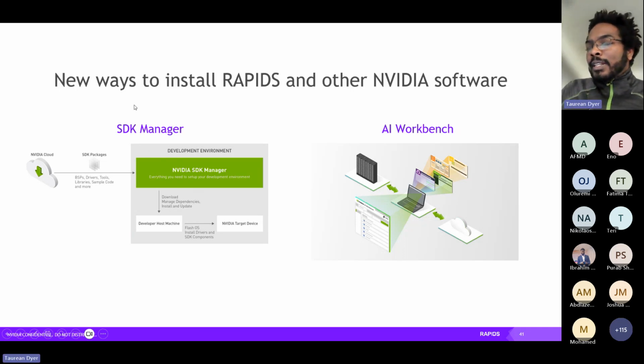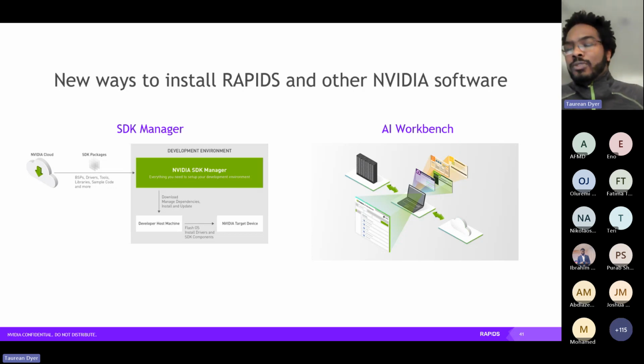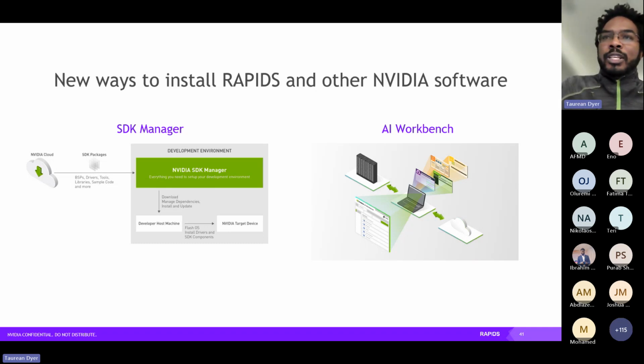But the way these are different is that SDK Manager is great for deploying on your personal system and makes it super easy. Let's say you're not used to running on Ubuntu Linux because RAPIDS requires Ubuntu, so you have WSL2. Well, some people don't know all the commands and maybe they want to have different installation options.